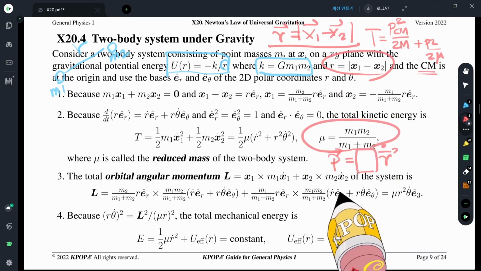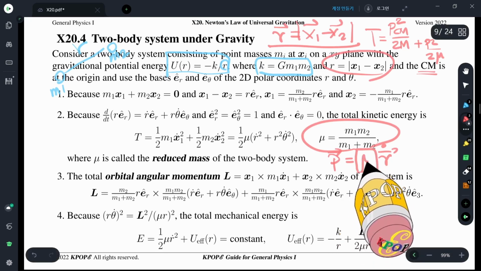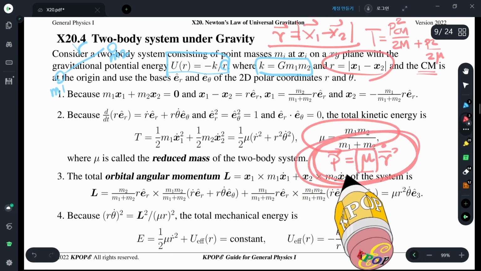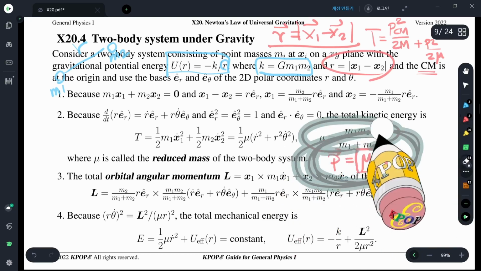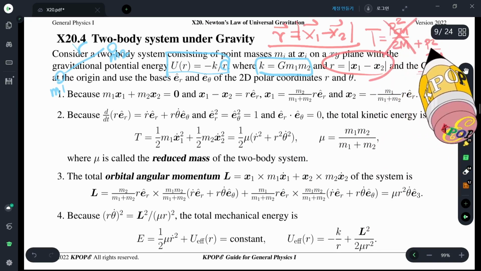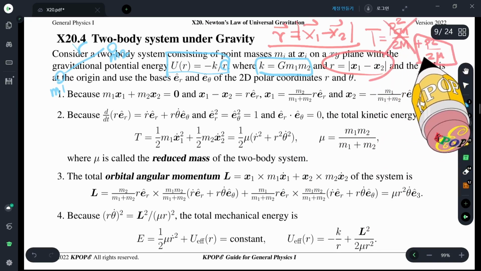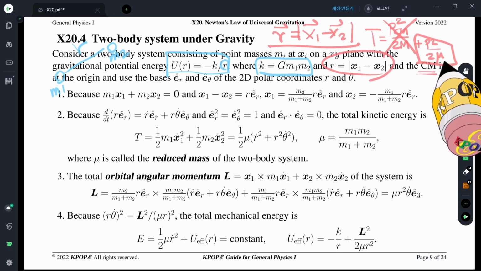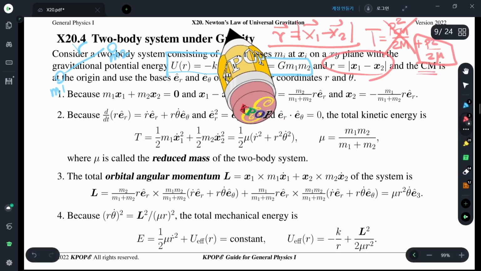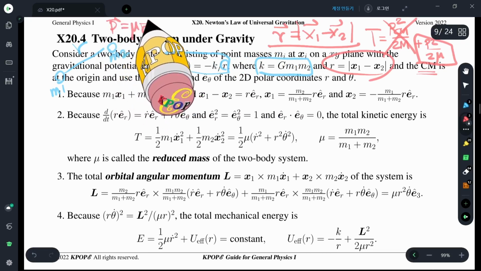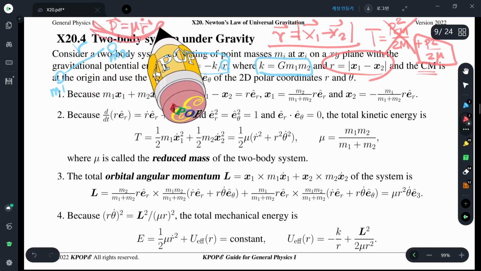Instead of m1 or m2, it is the reduced mass. That's very, very important for a two-body system. At the CM, this one disappears, and the only kinetic energy is the internal kinetic energy, that is always described by this. And remember, p equals mu r vector dot. That's quite important.